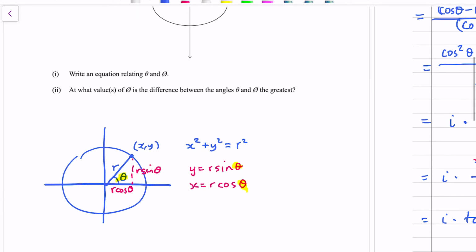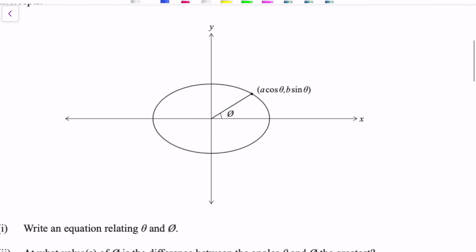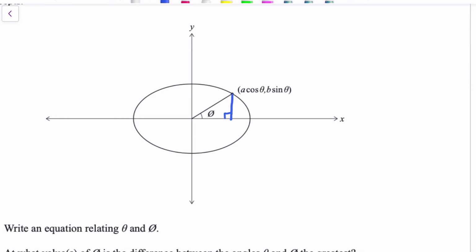And that's actually quite an easy equation to do, because we do the same thing as what I showed you with the circle. We drop that line down there and make a right angle triangle. This height is b sine theta, because it's the y value. This is a cos theta.